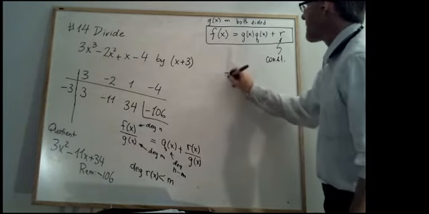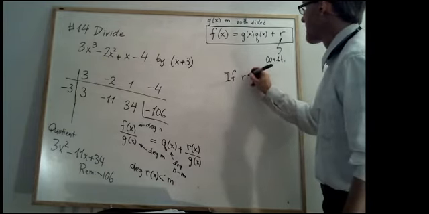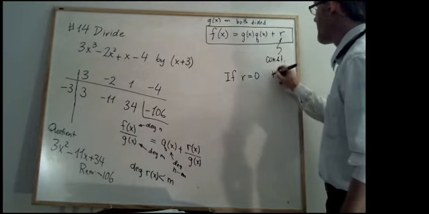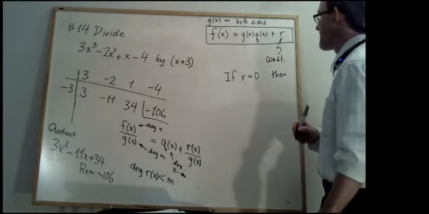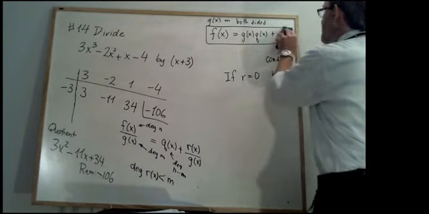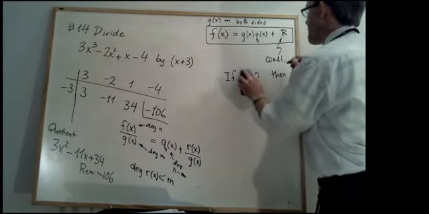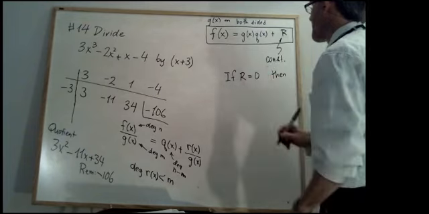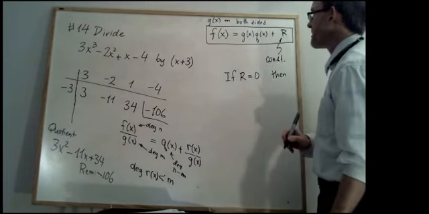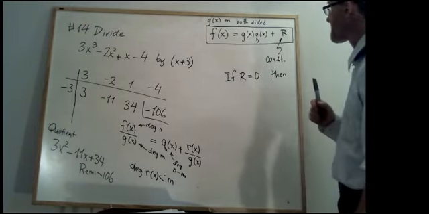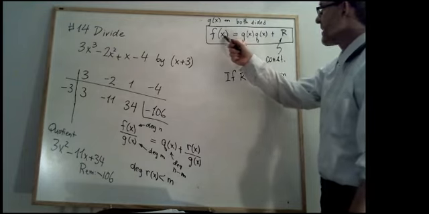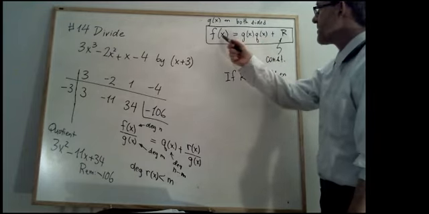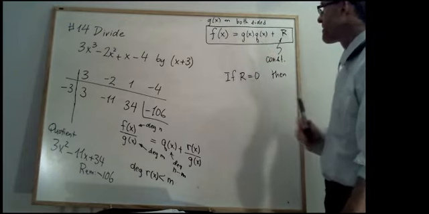If r is 0, then, yeah, let's use big R here, because I want to use little r for root, and big R means remainder. So if the remainder is 0, then what I can see is that I've factorized my polynomial into two smaller polynomials.